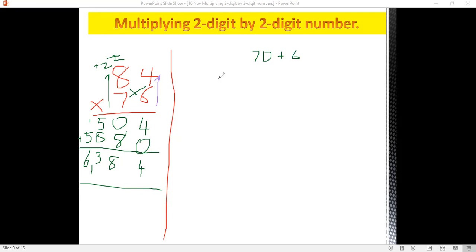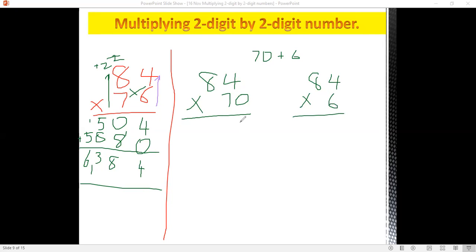Okay, so let's multiply 84 first times 70 so that you're not going to be confused. Let's write like this. Okay, and then also you will multiply 84 times 6.